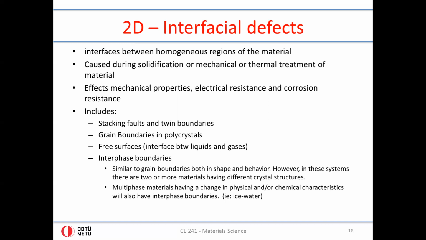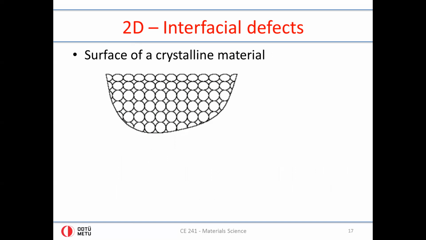So there are many, many examples of these. We'll focus on a few of them. So very simply, the surface of a crystalline material will be an example of a 2D defect.